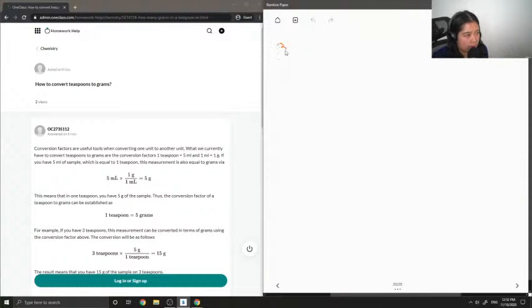Okay, so question number 3 asks, how do you convert teaspoons to grams? Okay, so first let's recall that 1 teaspoon is the same as 5 mils, and 1 milliliter is equal to 1 gram.